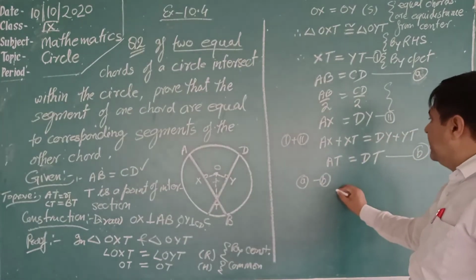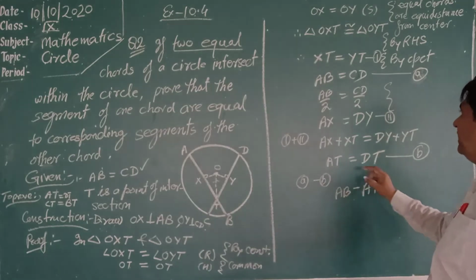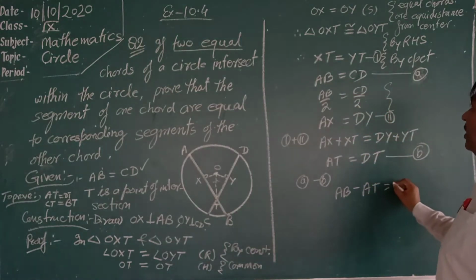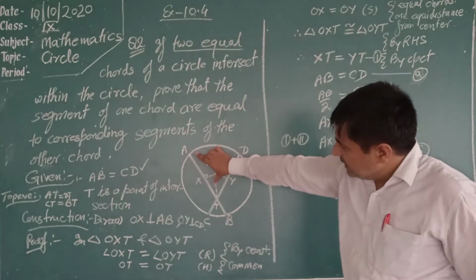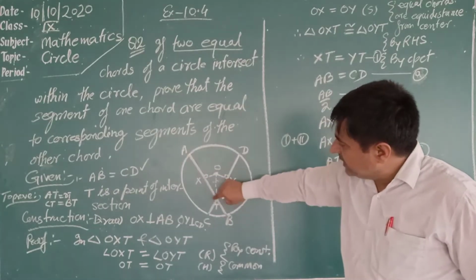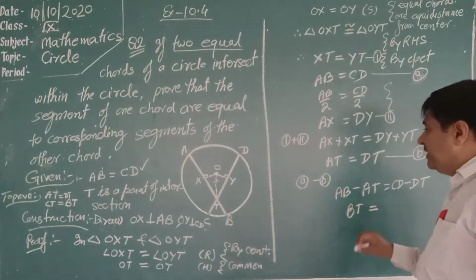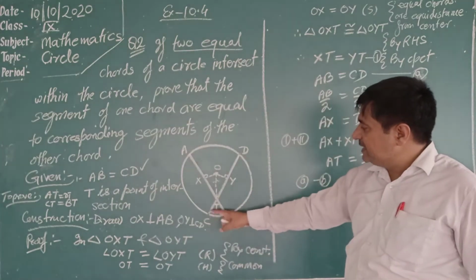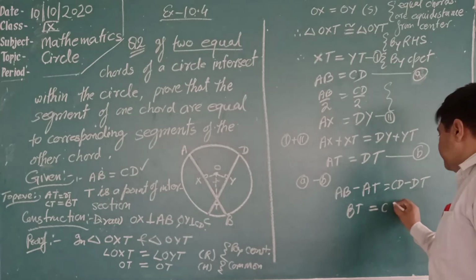Now what do we write? AB minus AD on the left hand side and CD minus DT. So from AB the AD part is removed, what remains is BT. And from CD the DT part is removed, now it is CT.